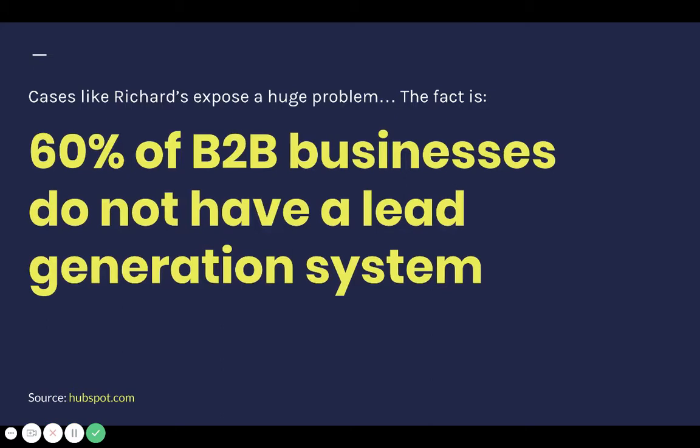So cases like Richard's expose a huge problem in the B2B marketplace, and the fact is that 60% of B2B businesses do not have a lead generation system implemented, and this is from HubSpot. But that's just unbelievable.